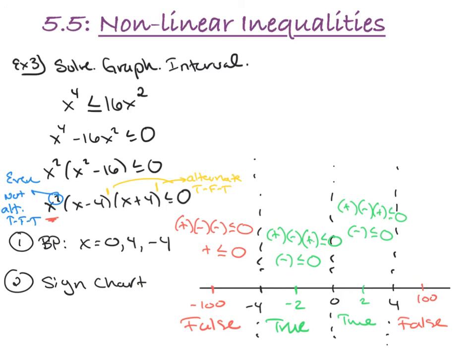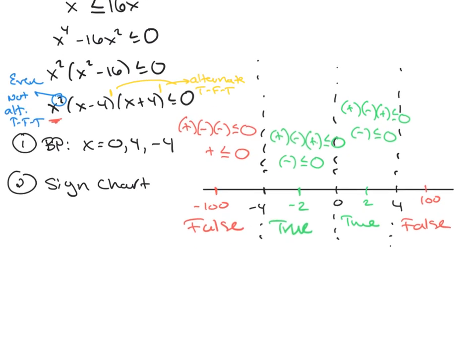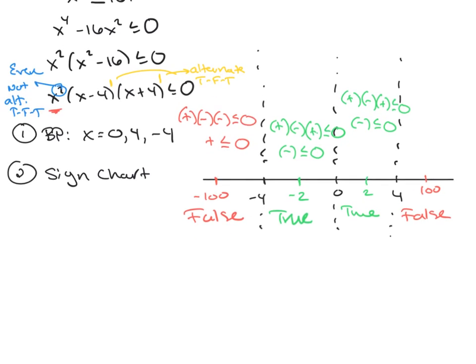Okay, writing our answer. Let me scooch these guys up so we can write our answer. So writing our solution, we want our true columns. Okay, so I want this column and this column for my answers.